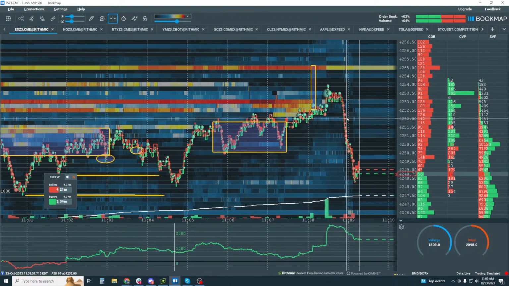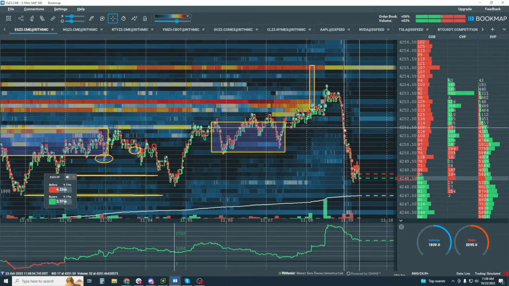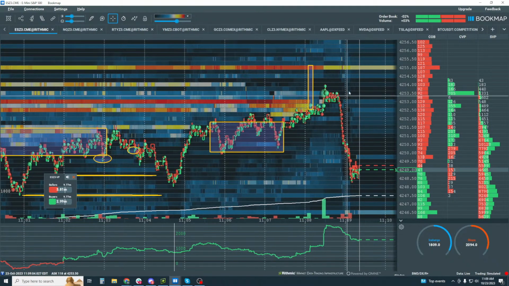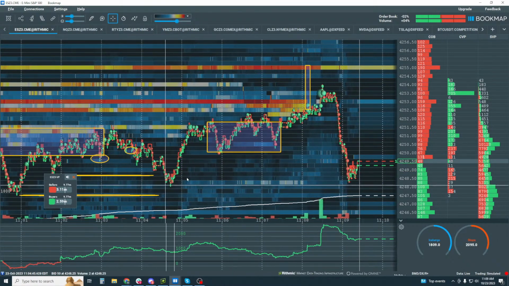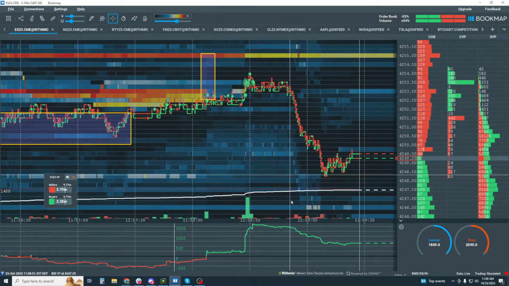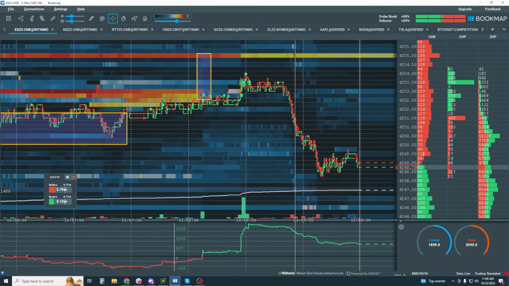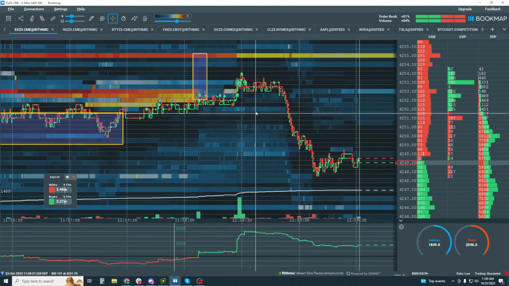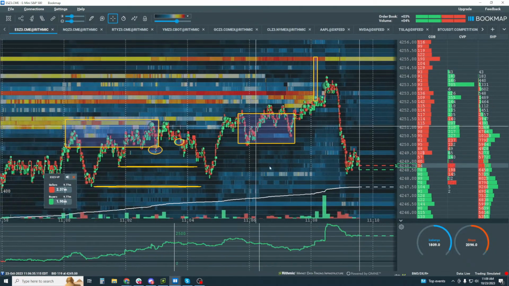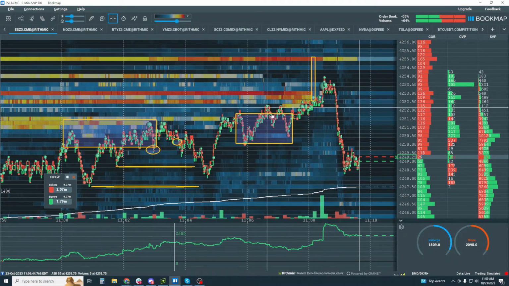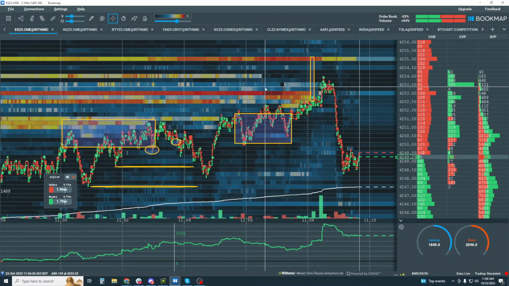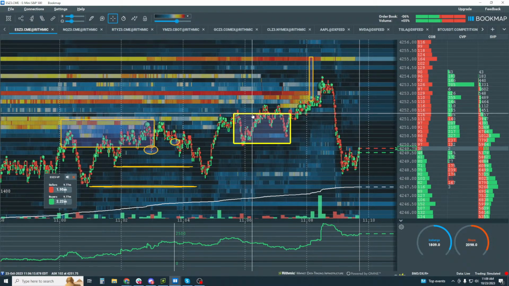I think this is just not enough selling in here for me to look for it to hit down into these lower areas in here. Okay, and look at the selling in here. Look at the dots. And it did it nonetheless, but now the dynamic in here is much more complex than what we were looking at earlier.